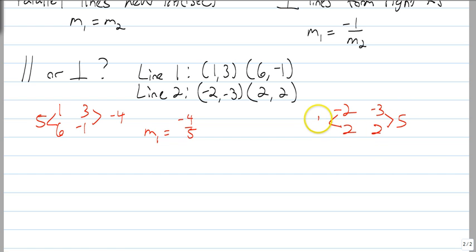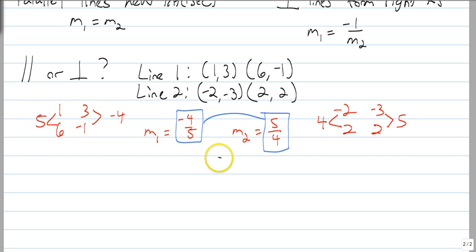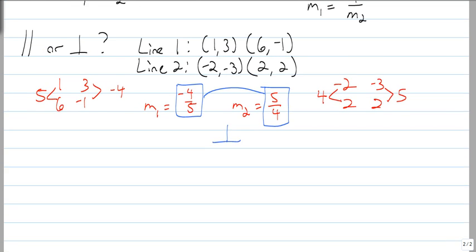This goes up 4. So the slope for line 2 is 5/4. And if you look at these, this one's -4/5. This is flipped over and the sign is changed. That means these two lines are perpendicular. So the two lines are perpendicular. Okay. And if they were the same, you would say they were parallel.